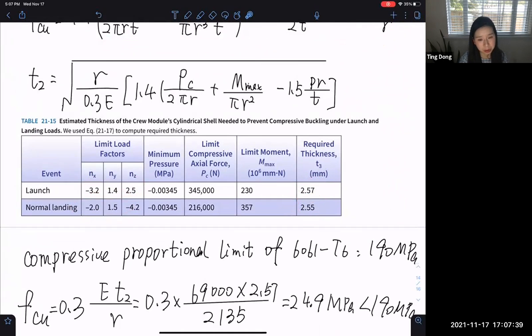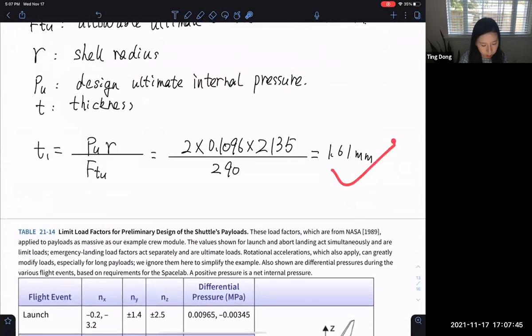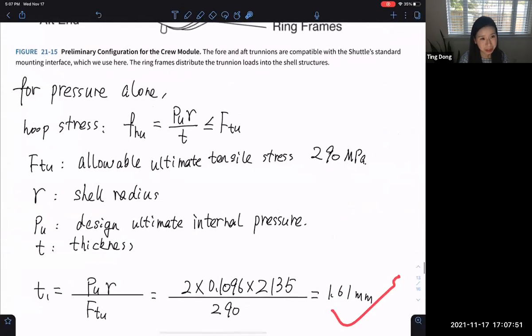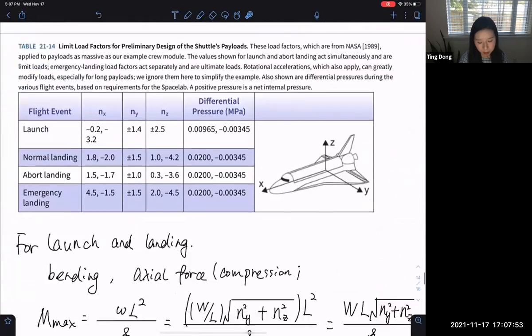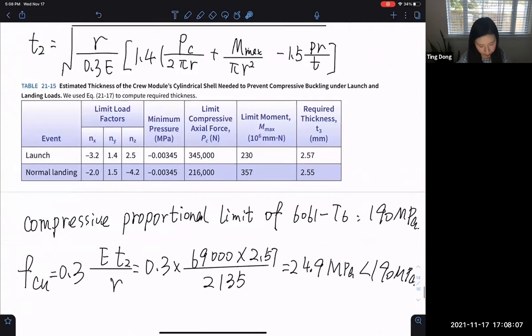It's very close, but of course we choose whichever is highest. And compared with the pure internal pressure in space, the maximum pressure in space, 1.61, in the end, we choose 2.57, whichever is highest, so that your spacecraft, your EAV, can survive all different situations without any failure.